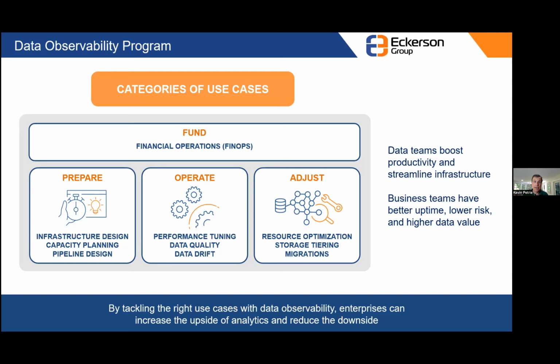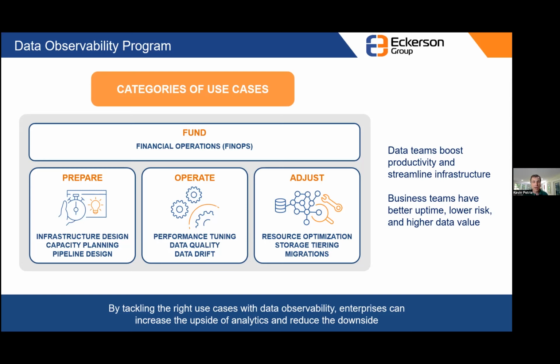We're looking at data quality, management of drifting data values or drifting data structures. And we're also in the adjustment phase, talking about optimizing resources that you're consuming, especially in a cloud environment, further optimizing by starting to tier your storage, spot that data that's most accessed, and also supporting migrations. So data teams can boost productivity and streamline infrastructure by addressing this.